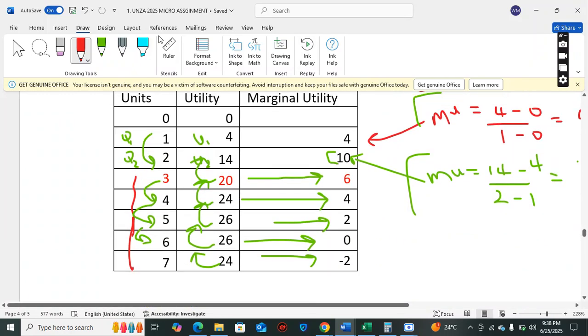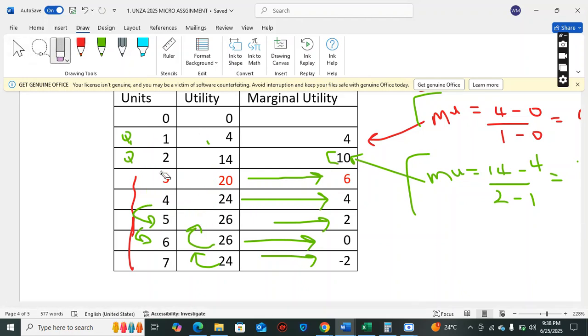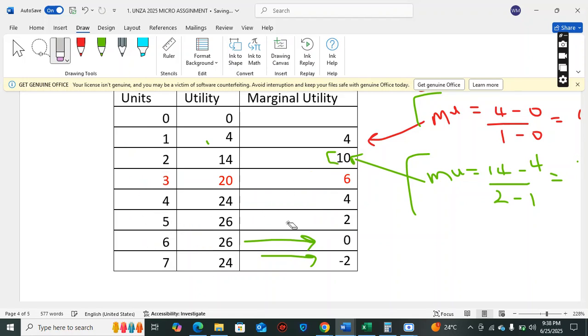We can see here the marginal utility drops at point 3. That's where it starts to drop.